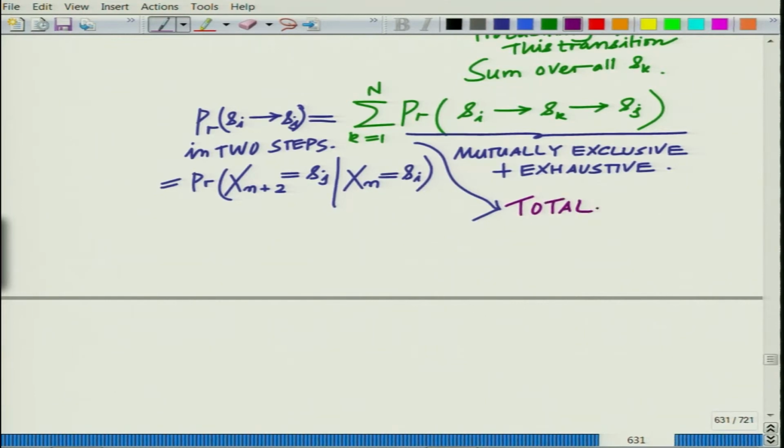If you are not familiar with this, I urge you once again to refresh your concepts and knowledge of the principles of probability. So, we have this total probability rule.